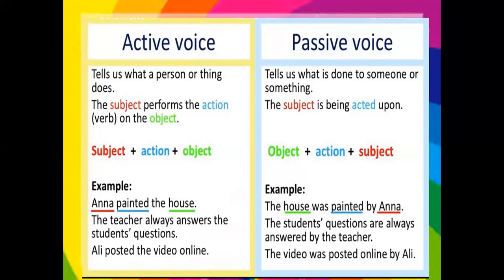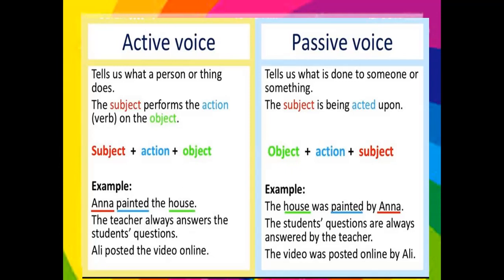The active voice is the sentences which we use to hear, which are constructed by subject plus verb plus object. But it is not the same thing with the passive.